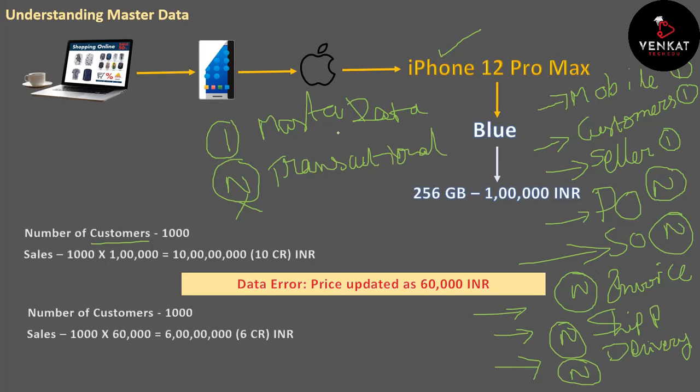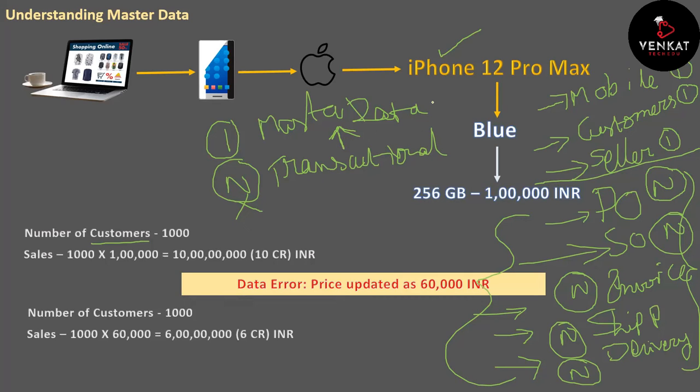So the transactional data is dependent on master data. Like if you don't have these products listed here itself, where can we get all these transactions? We don't see all these transactions if these things are not there. So this is dependent on the master data, and master data is subjected to very less frequent changes. But that is the core.